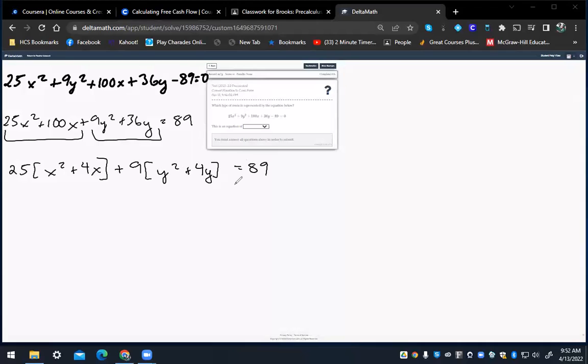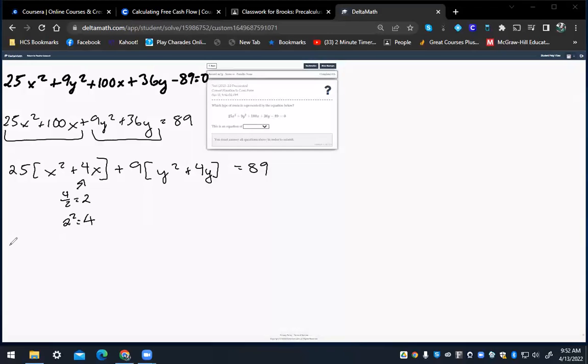To complete the square, what are the two things that we need? Anybody remember? Exactly. B over 2 squared. So in this case, our b value is 4. So you do 4 over 2, which is 2, and then you take that 2, whatever that value is, and you square it.